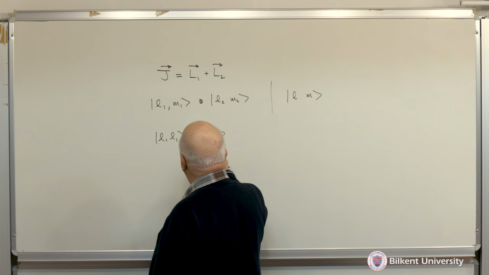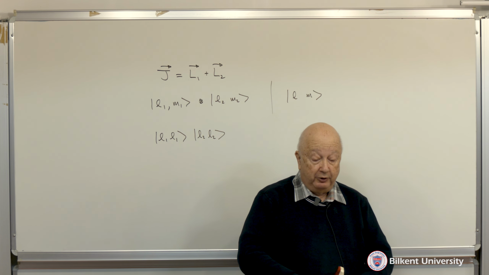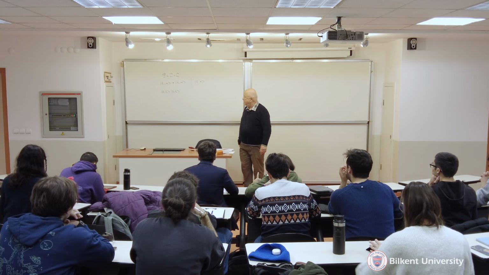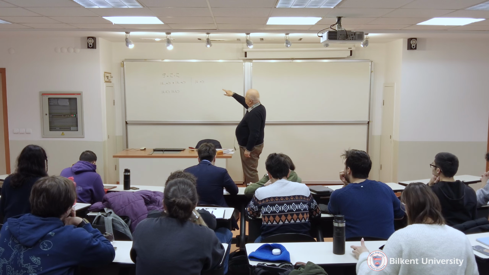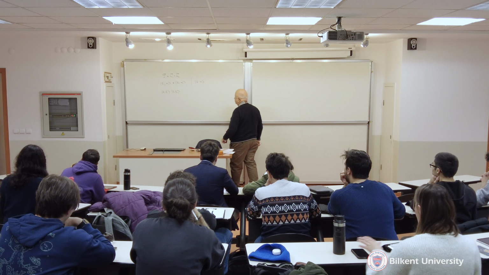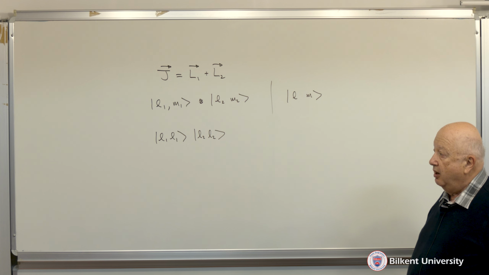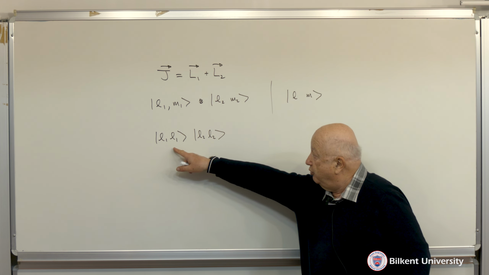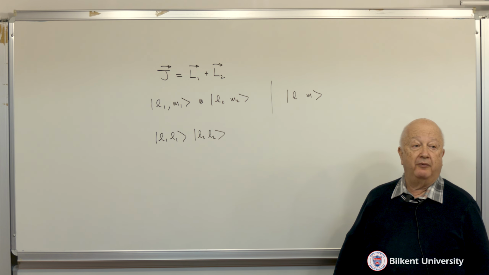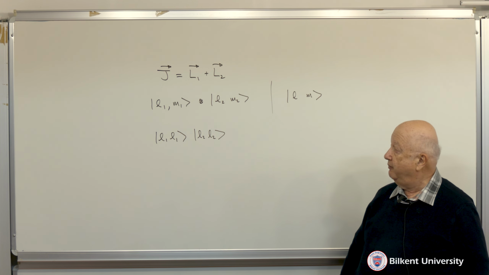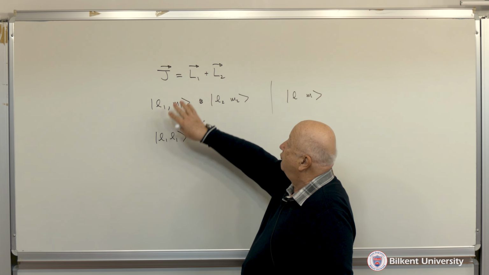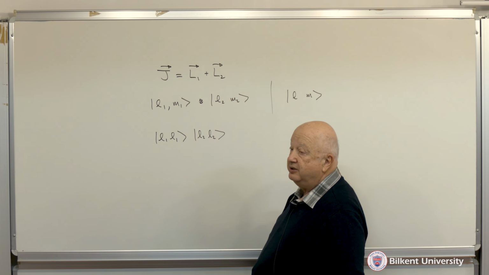So these are the angular momentum eigenstates of the individual L1 and L2 operators. And those Z components were also set to the maximum values that they can have. And we showed that this is an eigenstate of the J squared and JZ operators.